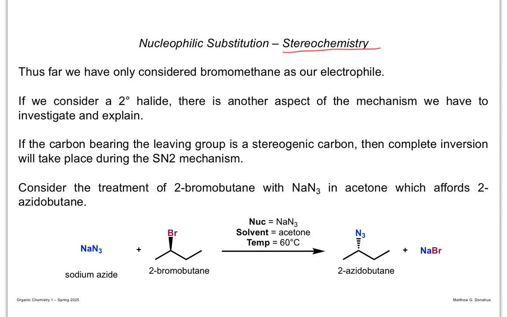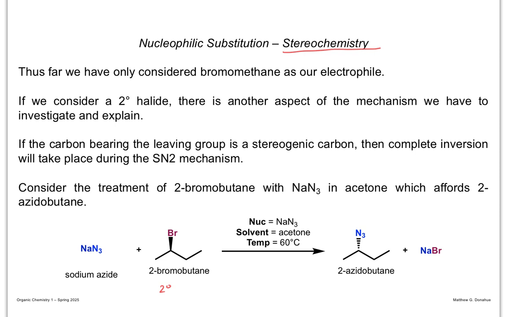We talked about stereochemistry in our prior module when we were generating stereogenic carbons. Those are carbons that have 4 unique different substituents. For these, we're going to consider a secondary halide, 2-bromobutane. That's a secondary bromide.